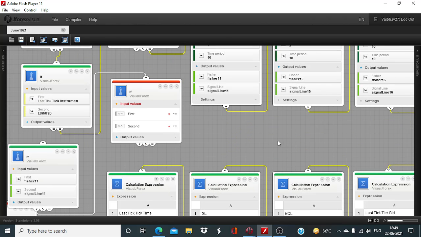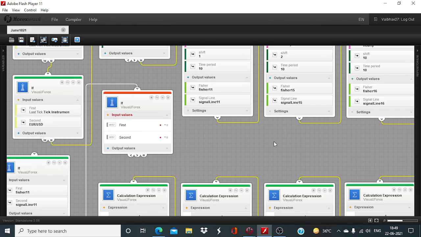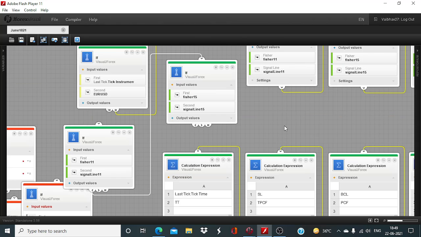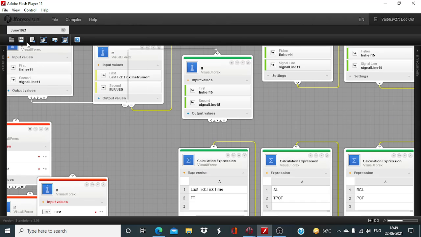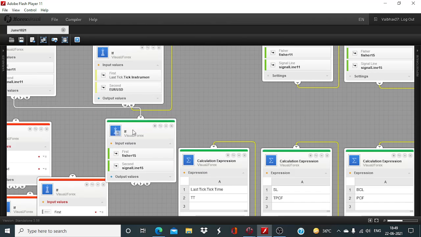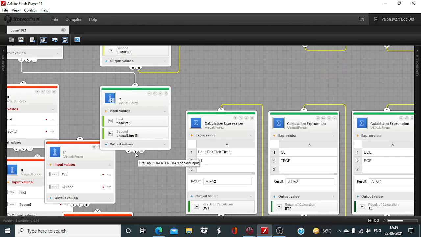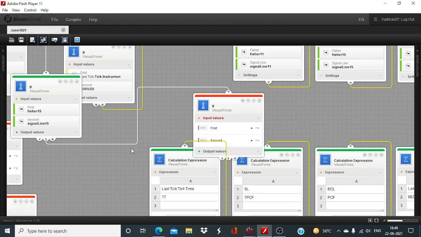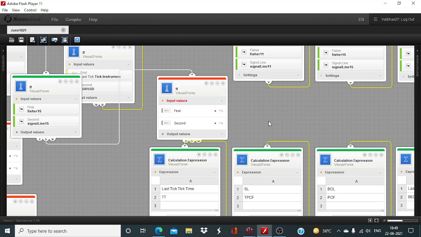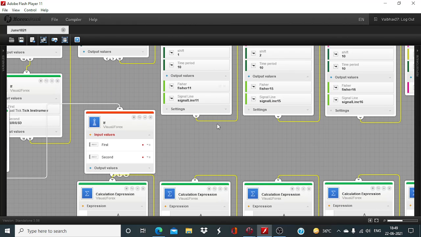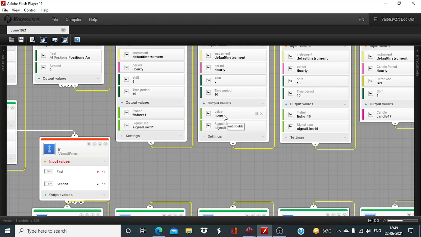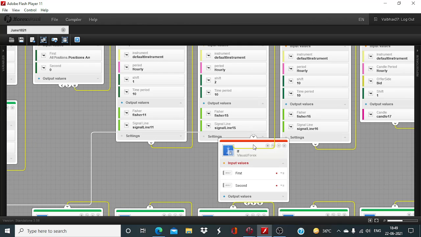The condition should have been inverse. The Fisher 15 should have been above the signal line 15. So in this case, first input greater than second input. This is the crossover requirement. In the last hour, the Fisher line has crossed below the signal line, whereas in the penultimate hour, it was above the signal line.